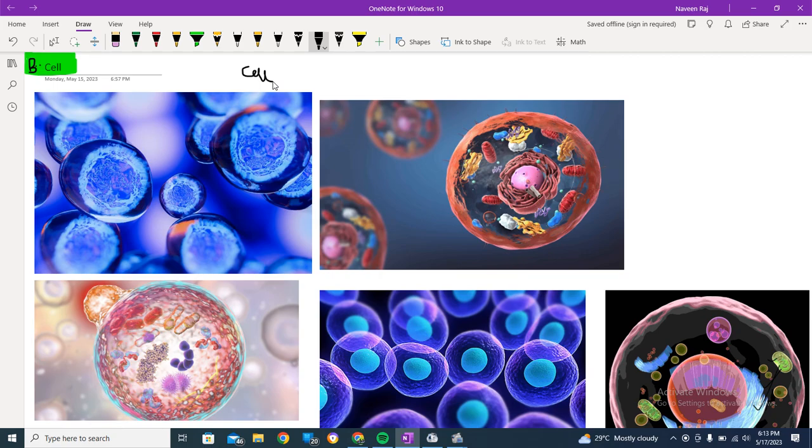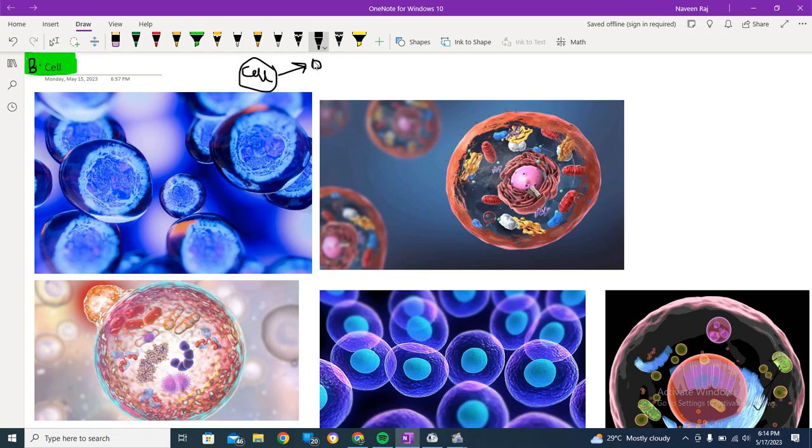In the same case, human beings or living organisms are composed of the coordination of cells, because the coordination of cells leads to the formation of an organism, right?